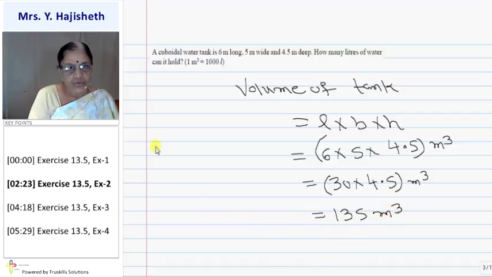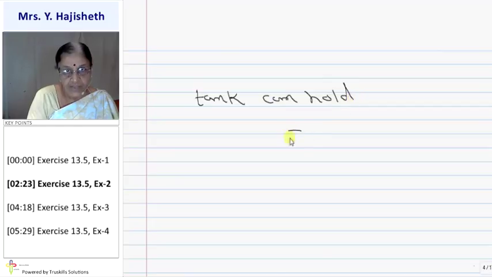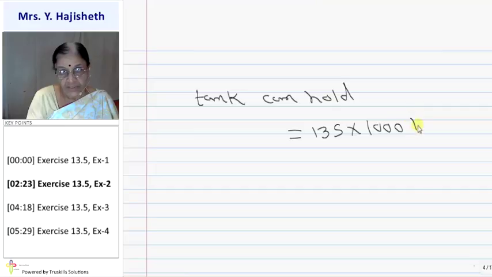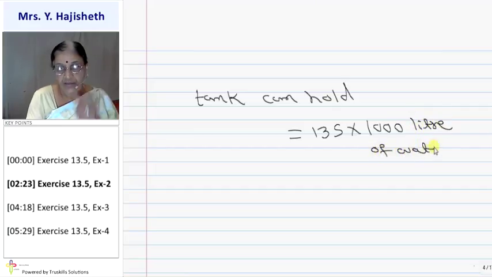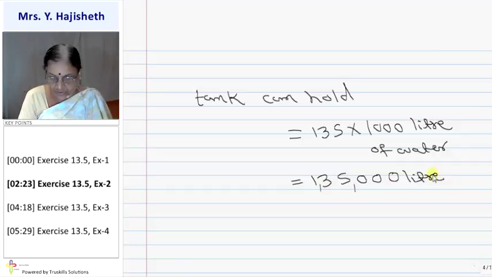So total number of liters of water a tank can hold is 135 into 1000 liter of water. So it is 135,000. So it is 1,35,000 liter water is the capacity of the tank.